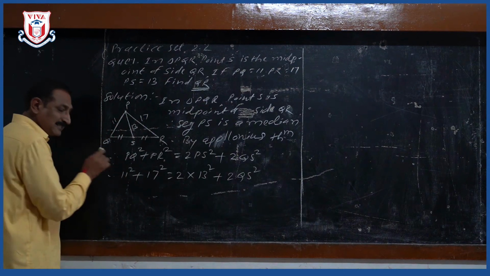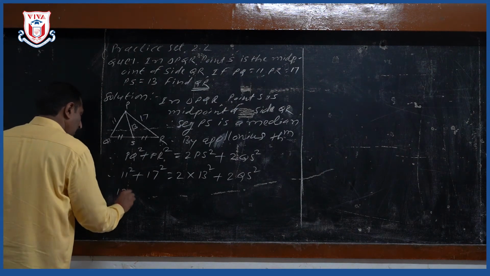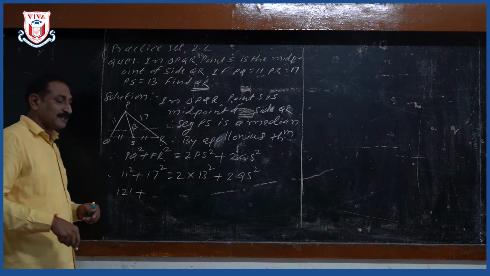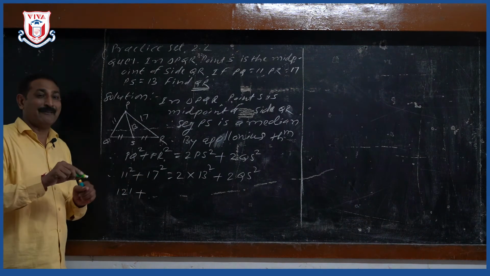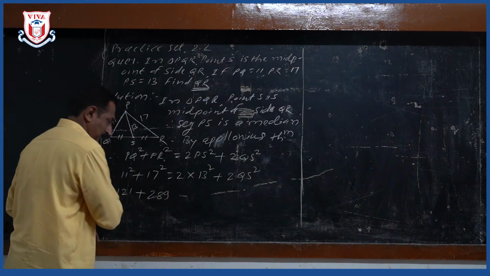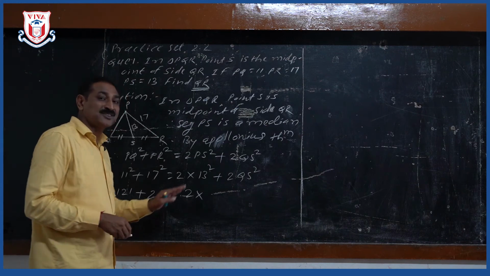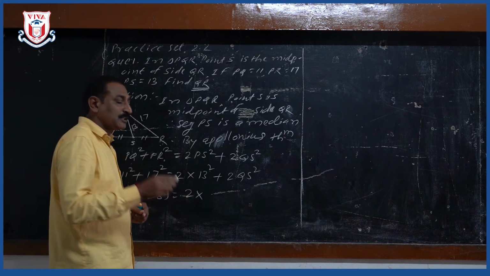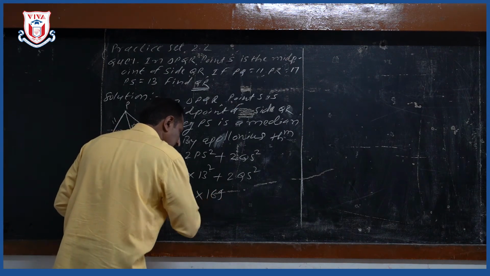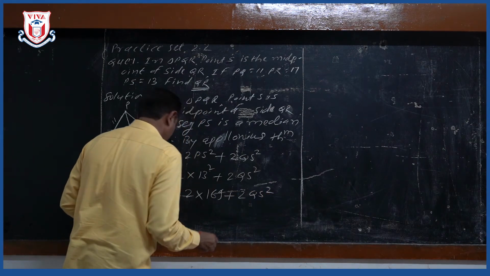Now what is the square of 11? 11 into 11 is 121, plus the square of 17, 17 into 17, is 289. This is equal to 2 into the square of 13, 13 into 13, 169, plus 2 QS square.